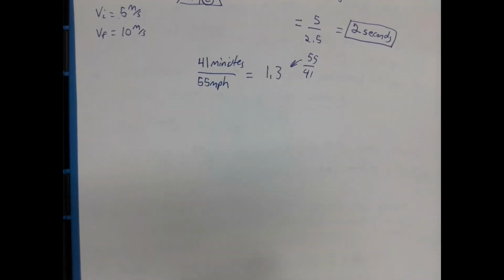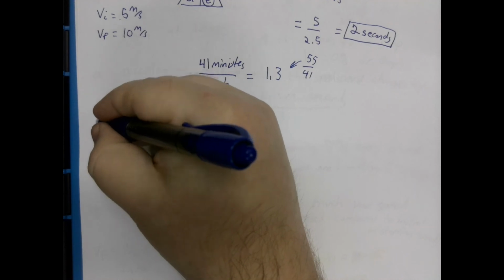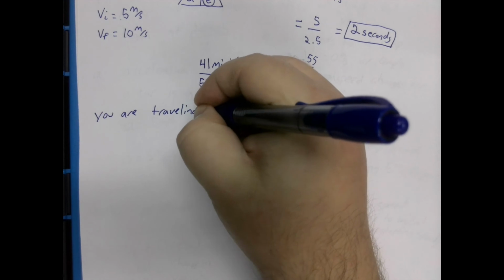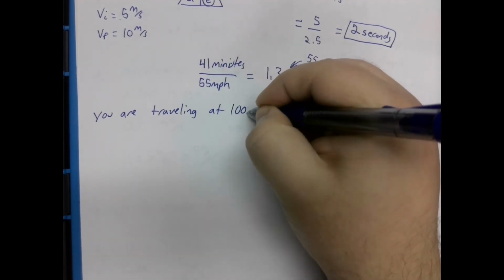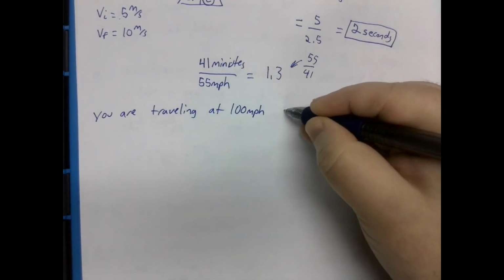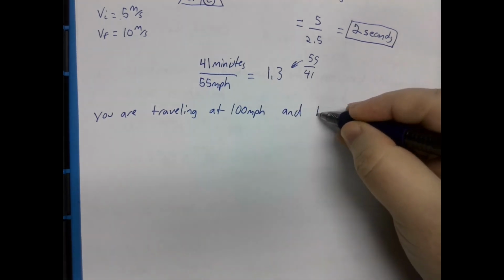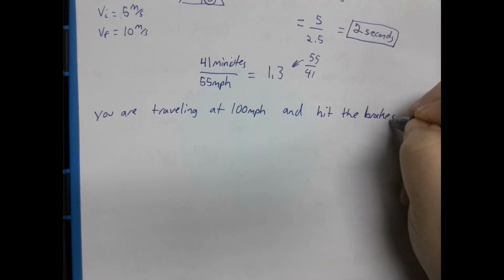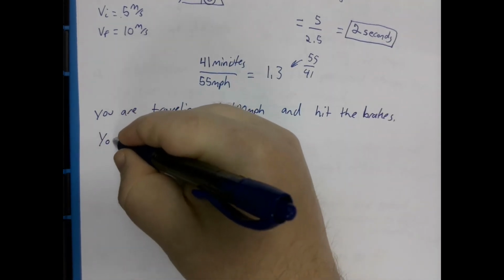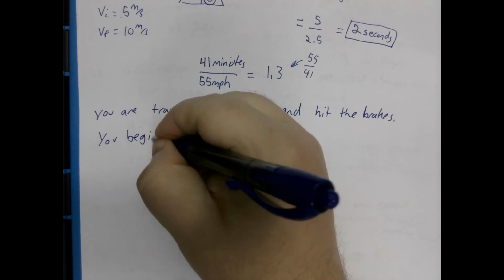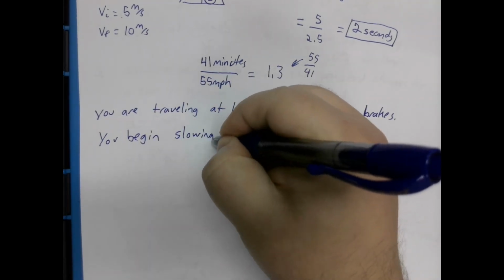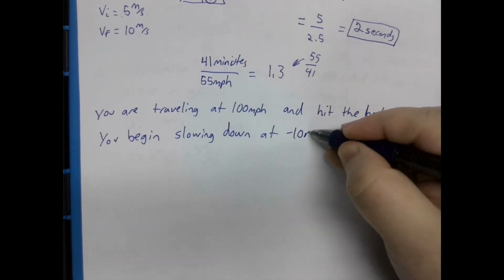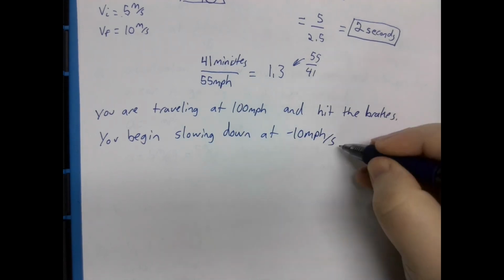So just one more example. You are traveling at 100 miles per hour and hit the brakes. You begin slowing down at negative 10 miles per hour per second.